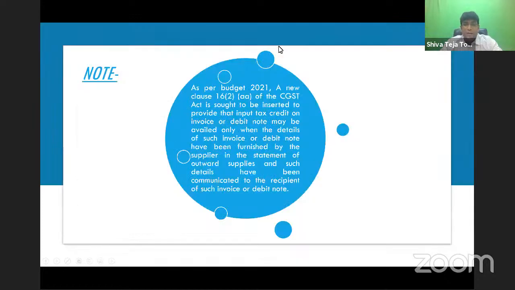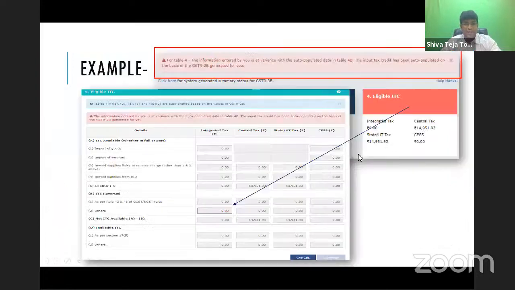That means it should reflect in 2A, 2B, only then credit can be claimed. Very interesting point. Yeah, one student question. Sir, 5%, is it depreciation? It's not depreciation. That 5% principle is given in the law itself. Don't worry.